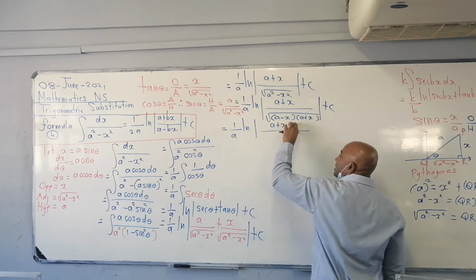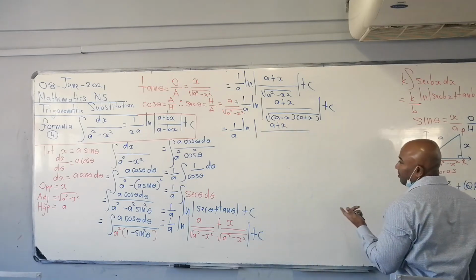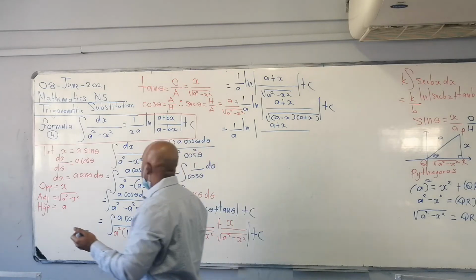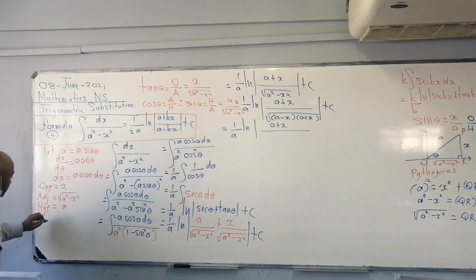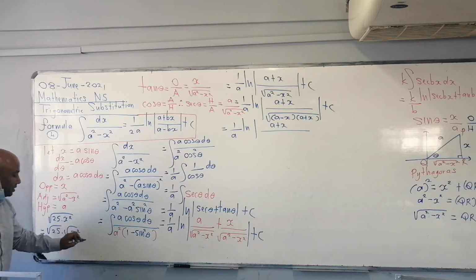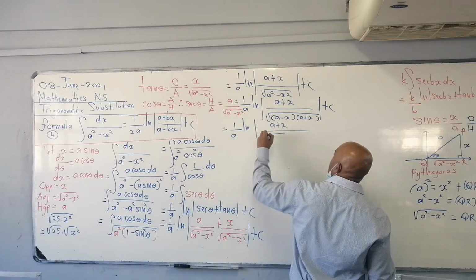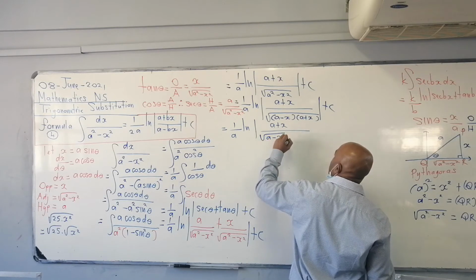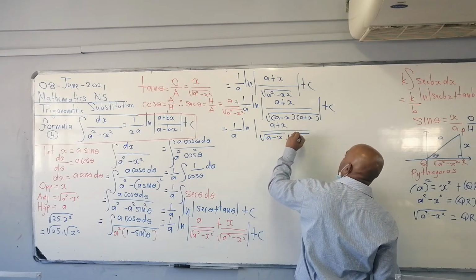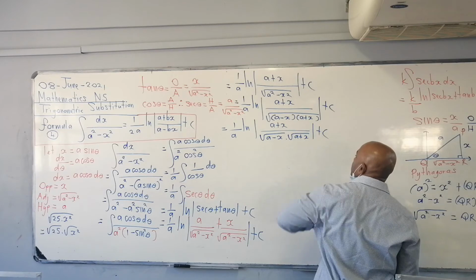Now that means this, remember, if I have exponents, if I have something like the square root of 25 times x squared, this can be split up into the square root of 25 times the square root of x squared. It's multiplication, exponent laws. So what I'm going to do here is I will write it as the square root of a minus x times the square root of a plus x.